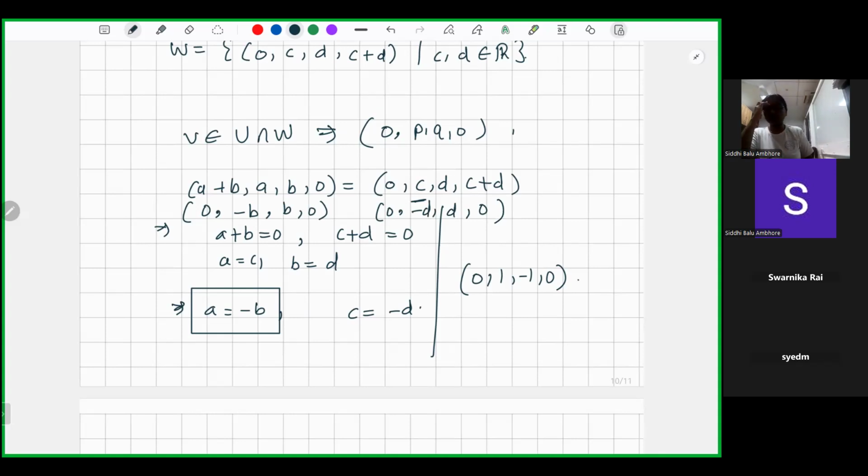We are equating both the things. Once I have this, the first term becomes 0 and the last term becomes 0, C plus D, because C is minus D. I hope that's okay and understandable.